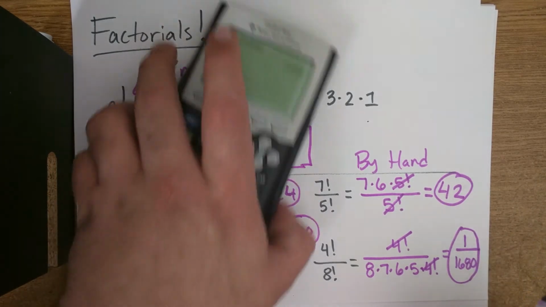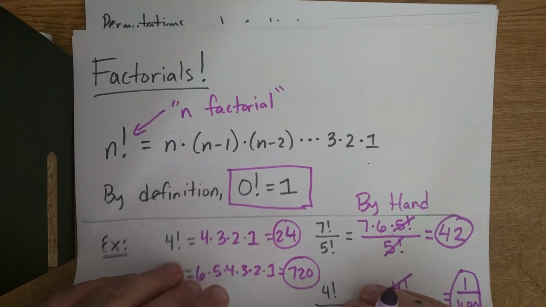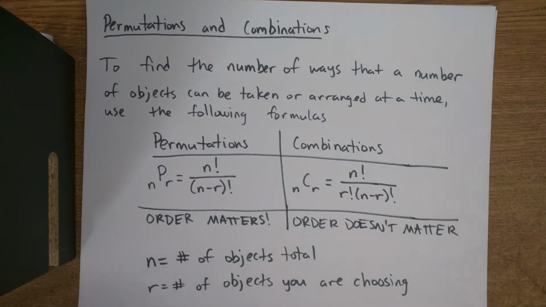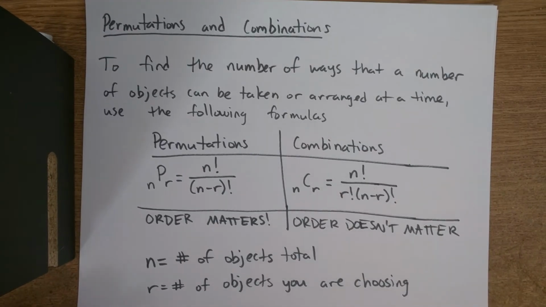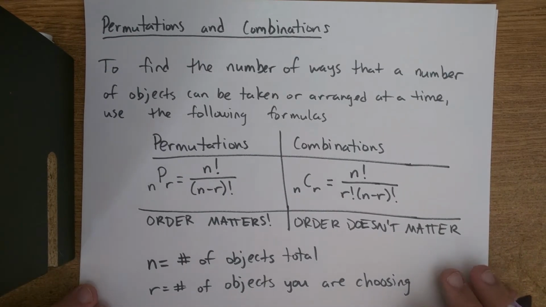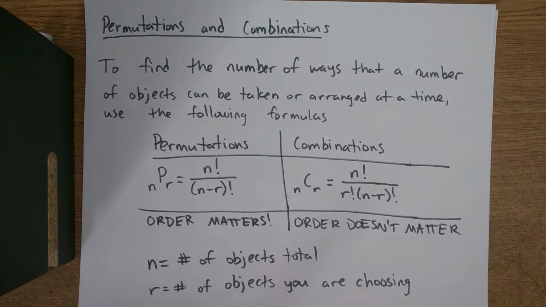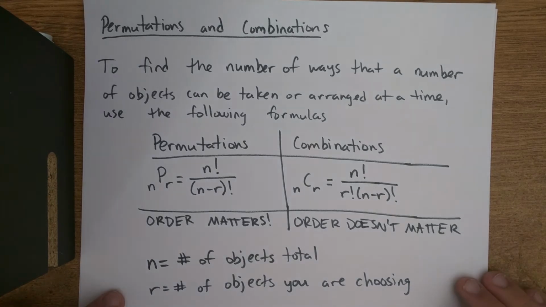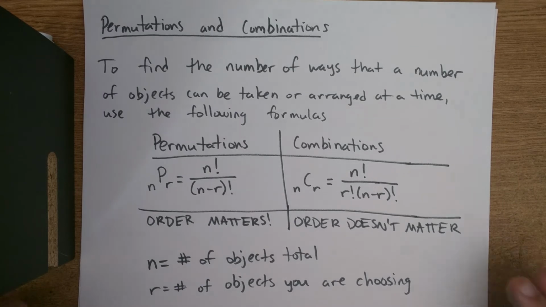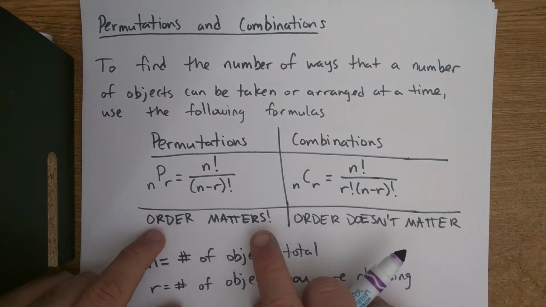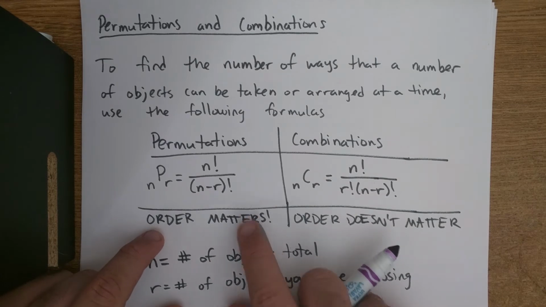Okay? So let's see why factorials are needed in probability, and here's why. Go ahead and copy this down. You have permutations and combinations. You use these to find the number of ways that a number of objects can be taken or arranged at a time. For permutations, here's the formula.